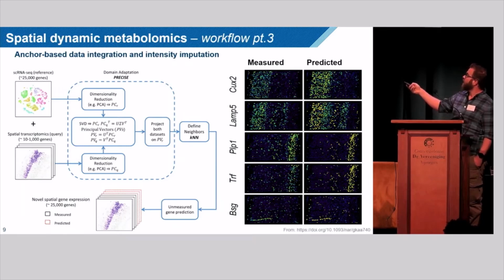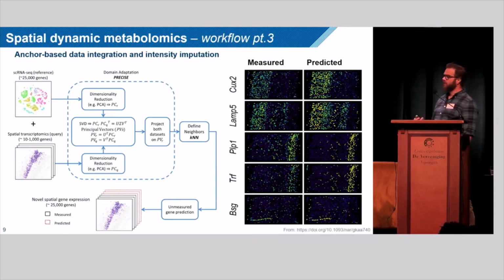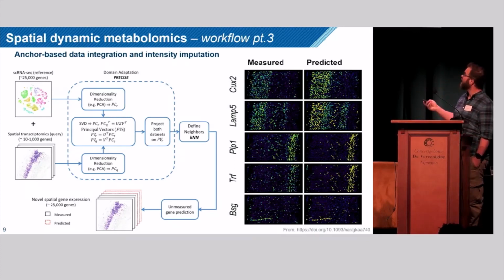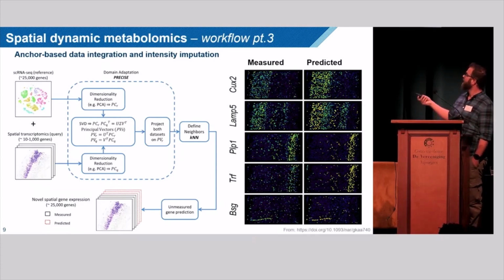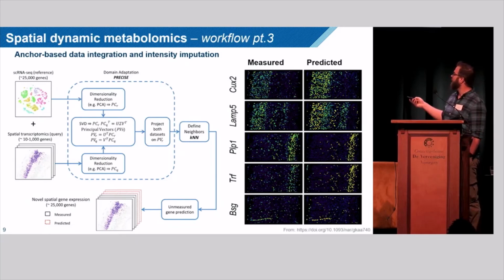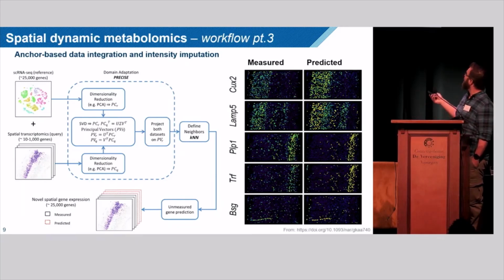Those 1,000 genes will very likely also be present in the single-cell RNA sequencing data set, so when you do your segmentation based on those 1,000 genes, you can create profiles for different cell types, and imply the information of the 24,000 other genes onto the spatial coordinate system that you have from the spatial transcriptomics dataset. And by that you get unmeasured gene prediction.